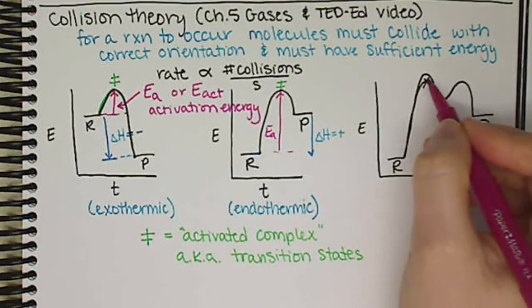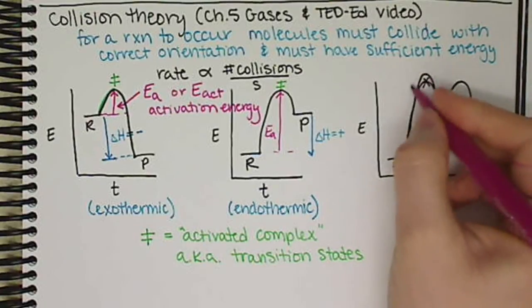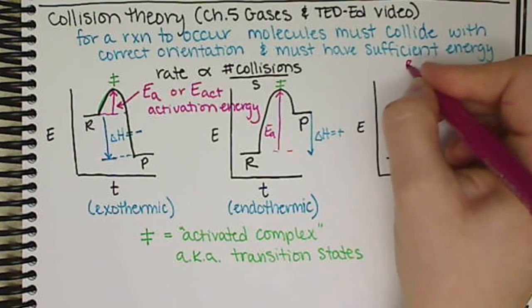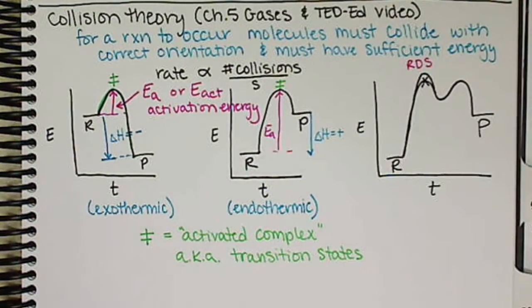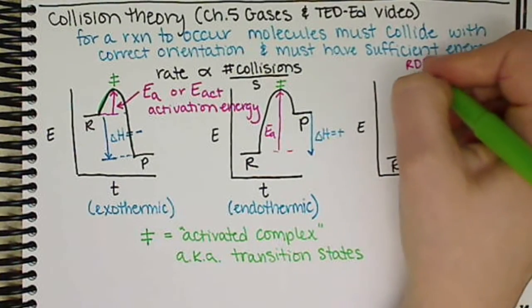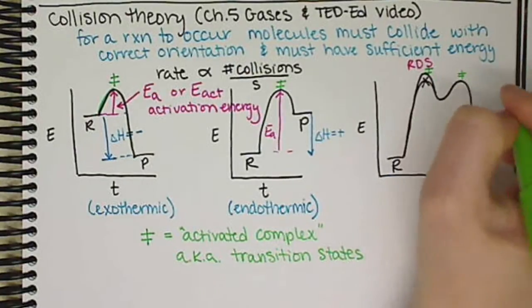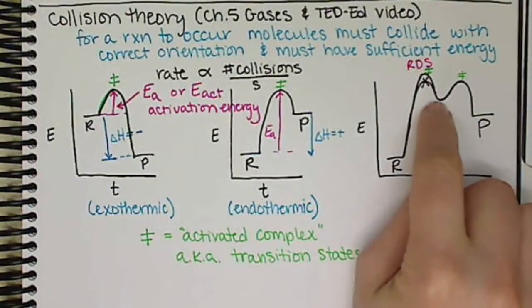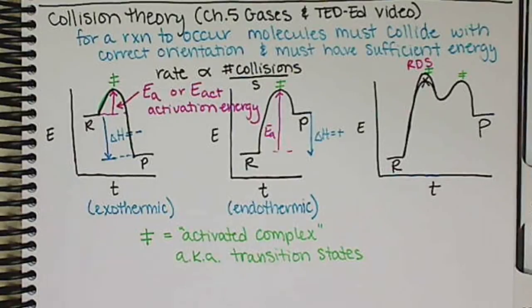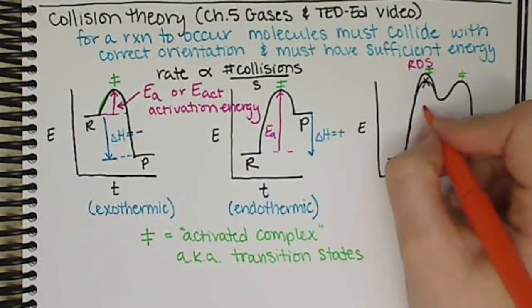Because this first hill is larger, this first portion would be our rate determining step. We'd still have an activation complex here, or a transition state. This bottom lull would be our intermediate.